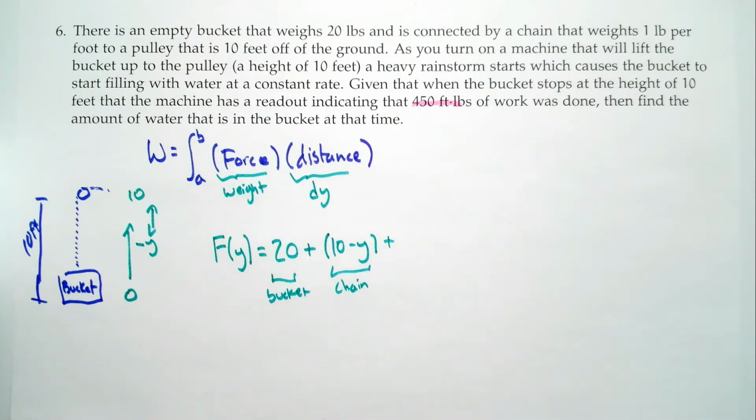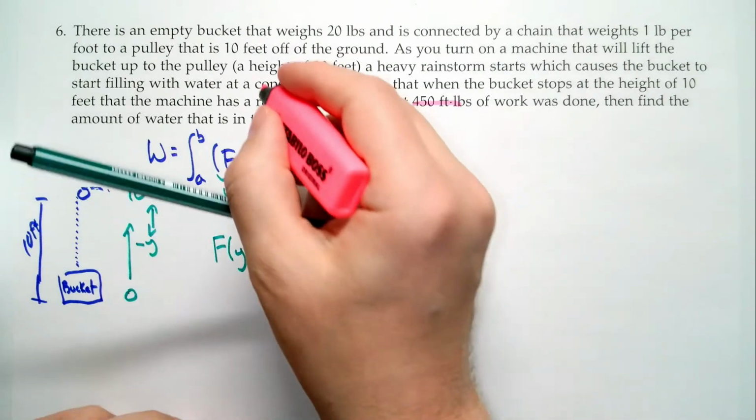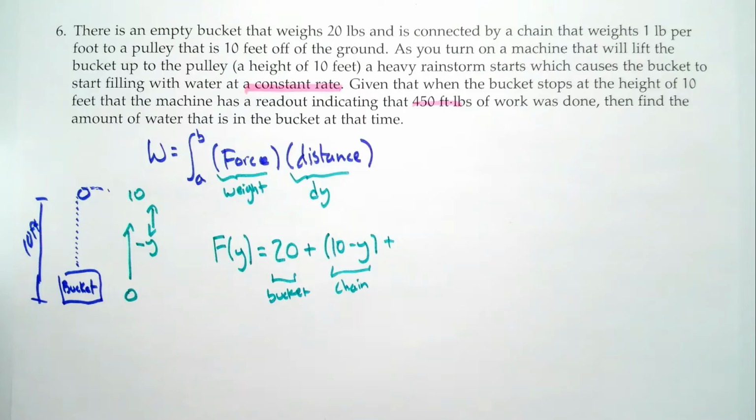Okay, how do we compute that? Well, we need to figure out what's happening here. The water is coming into the bucket. So there's a key word, constant rate. All right. So we should think of it.